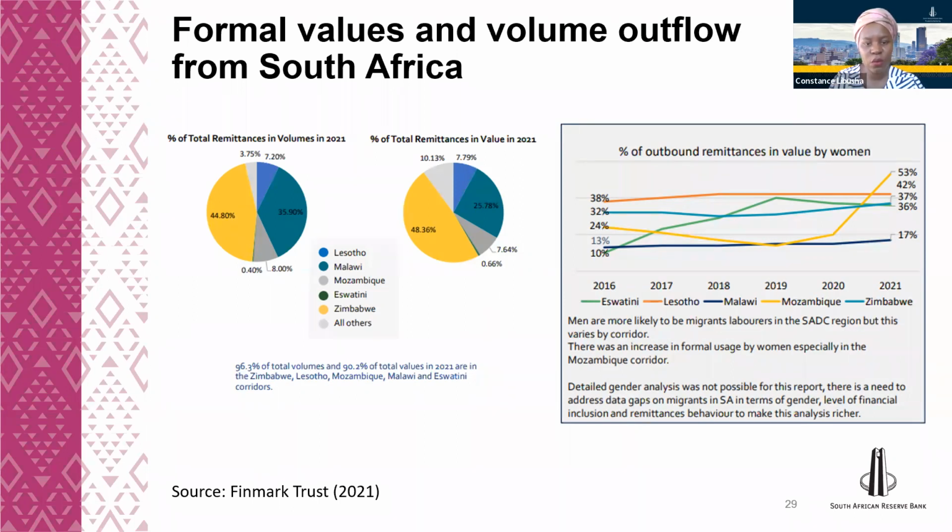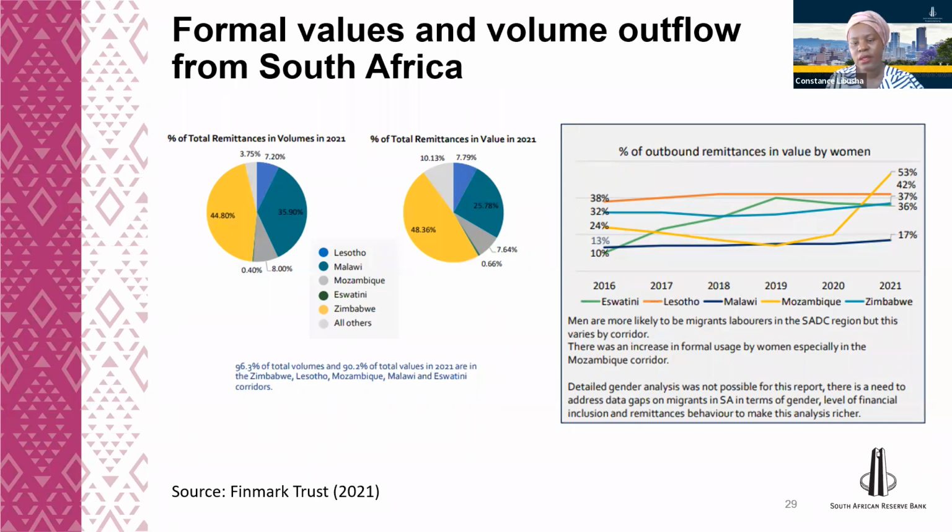Those are in volume terms. But when it comes to values, the biggest country is still Zimbabwe, followed by Eswatini, then Malawi and Lesotho. We obviously expect this, because we have a whole lot of migrant population or migrant workers in our country working in the mines and the likes.